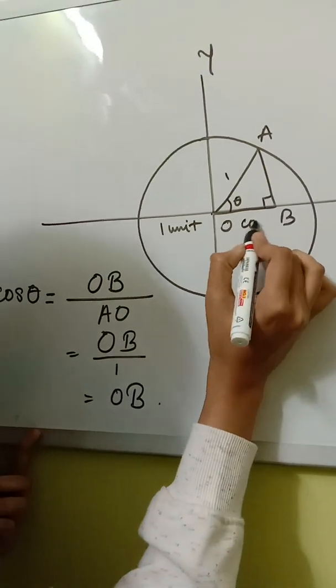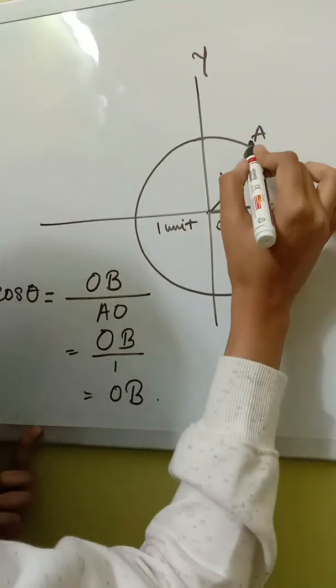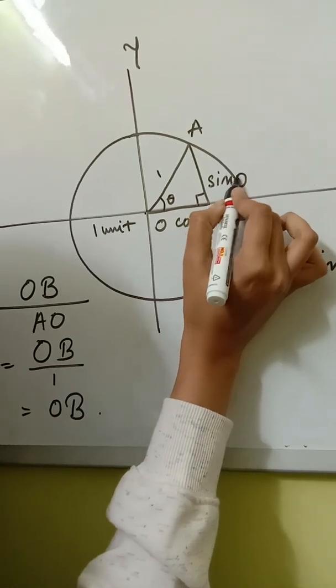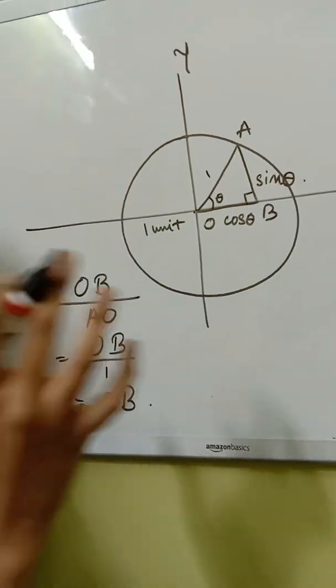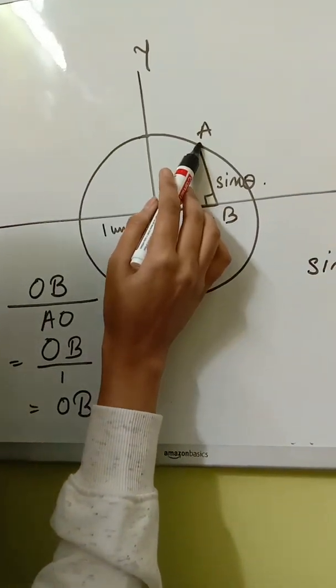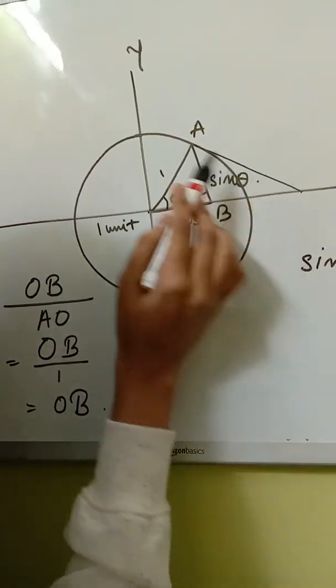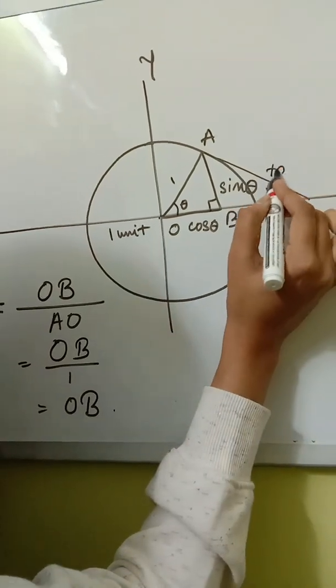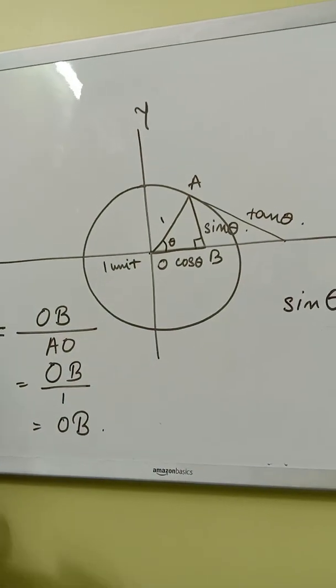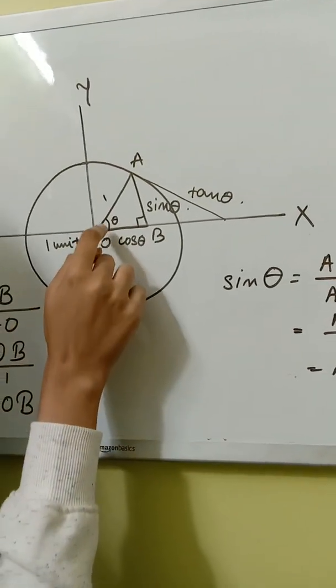So let me write it here, cos theta, and in place of AB I can write that it is sin theta. Now what will be the tan theta? Tan theta is the tangent line that passes through the circle through this point A, and this is the tan theta line.